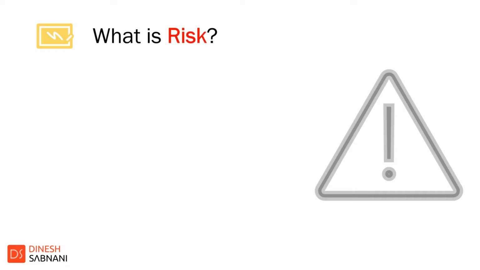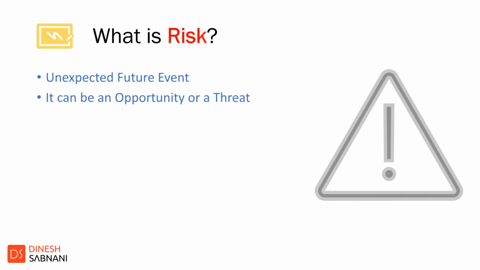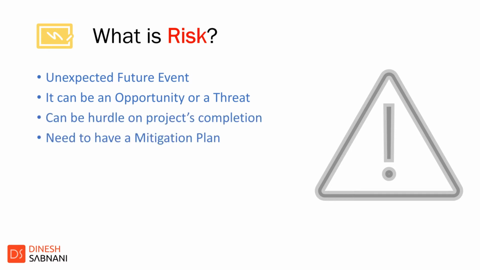Let's see what is risk. Risk is an unexpected event that can affect your project. It can be taken as an opportunity to exploit or as a threat to be suppressed. It is an exposure to an uncertain future event that can impact any project parameter, that is, scope, time, and cost, and can create hurdles on the project completion.